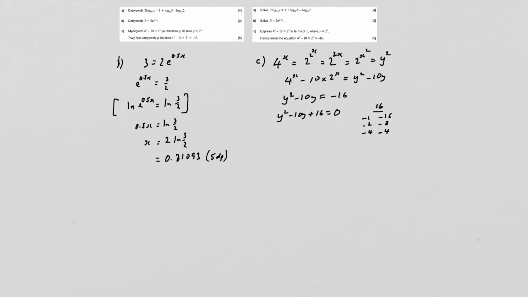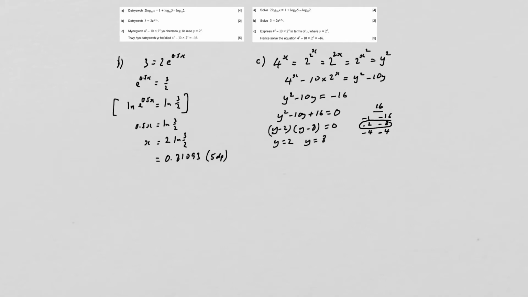The middle term is negative, so they both have to be negative, and we can see that minus 2 and minus 8 does the trick. So that gives us y minus 2 times y minus 8 is 0, which tells us that y is 2 or that y is 8.